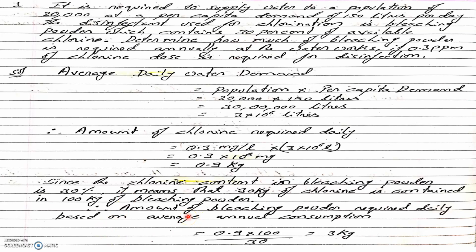It means that for 100 kg of bleaching powder, 30 kg will be chlorine. So to find the amount of bleaching powder required, it equals 0.9 into 100 divided by 30. 0.9 is the chlorine requirement, 100 is that, and 30 is the 30%. So that will be 3 kg.